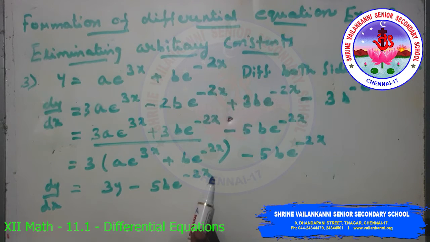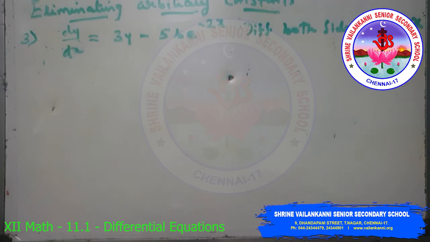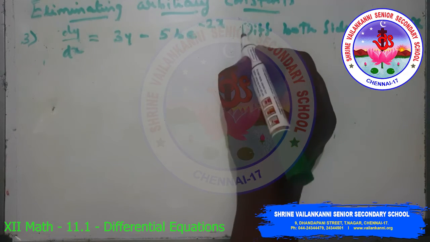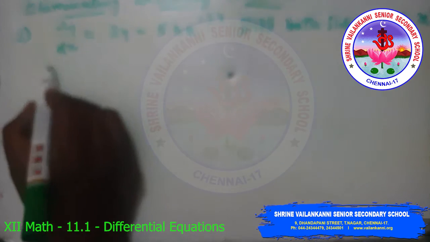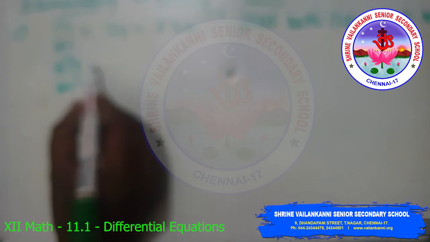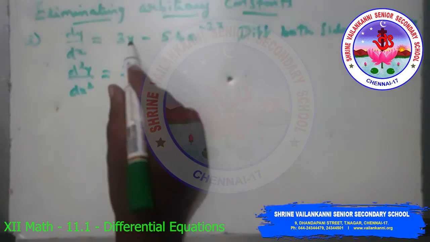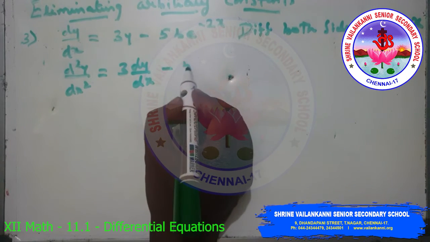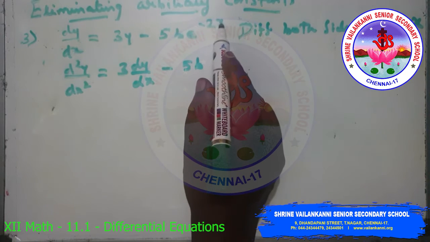So again we have to differentiate to eliminate the constant b. Differentiating both sides with respect to x, we get d square y by dx square, which is equal to 3 into differentiating y, we get dy by dx, minus 5b e power minus 2x.